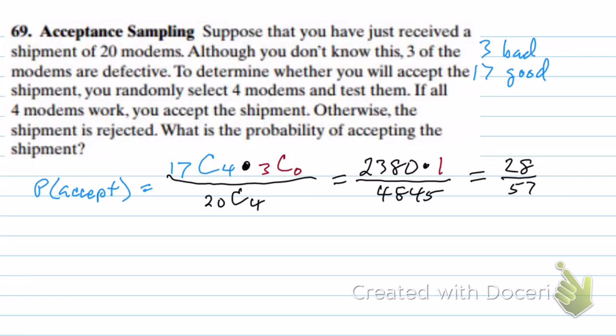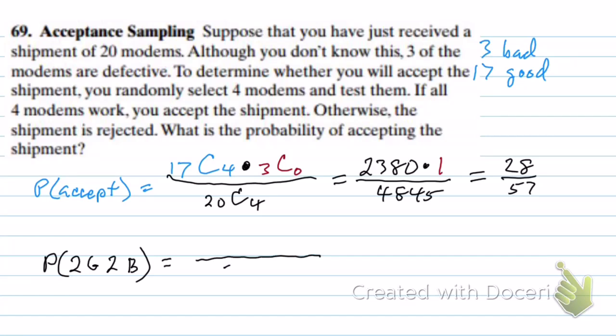Let me show you why I want to do that 3 combination 0 thing. What if it was, we're making up a totally different problem. What if it was the probability of getting 2 good and 2 bad? Now my denominator is going to stay the same.